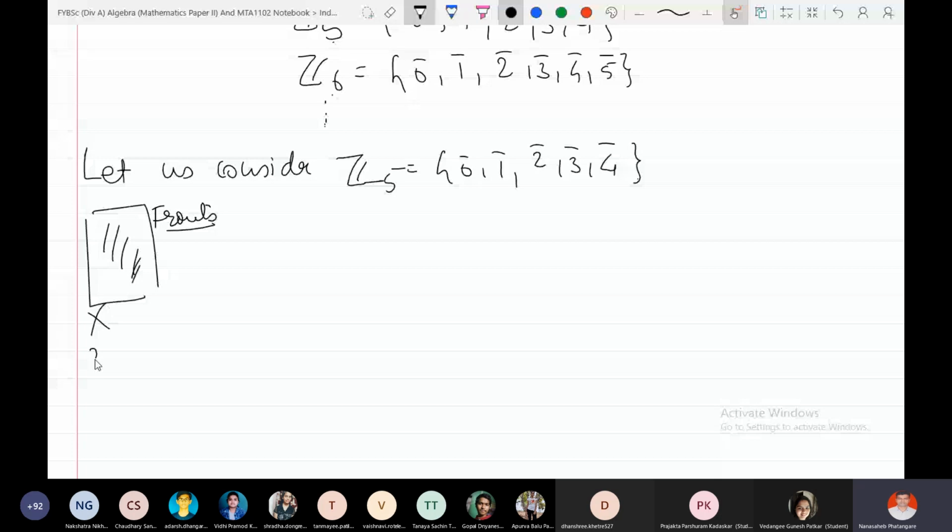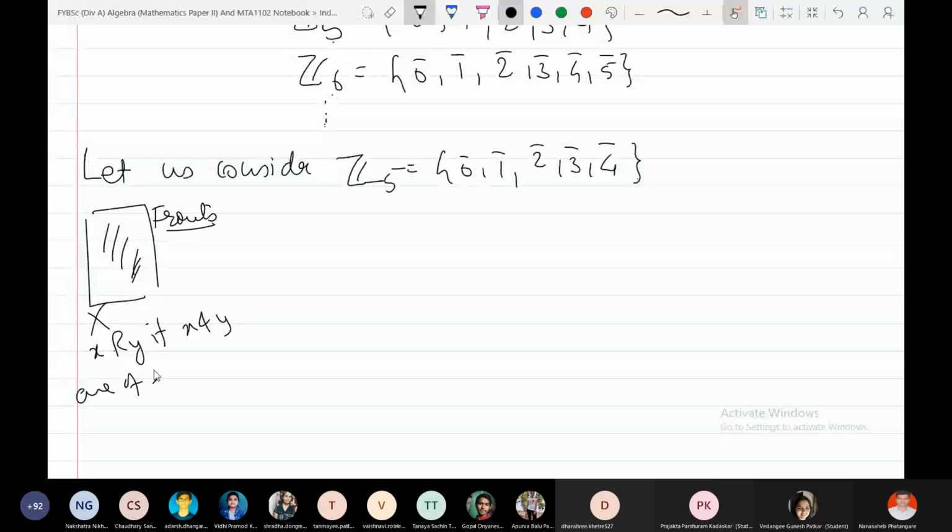Fruit X is related to fruit Y if X and Y are of the same type, right? Apples, bananas, all fruits are there, labeled with different labels, but two fruits are related if they are of the same type. Apple is related to apple, and there are 5 apples, right?